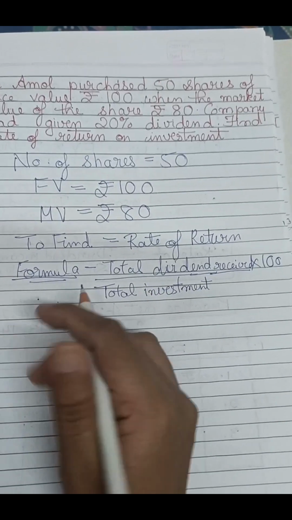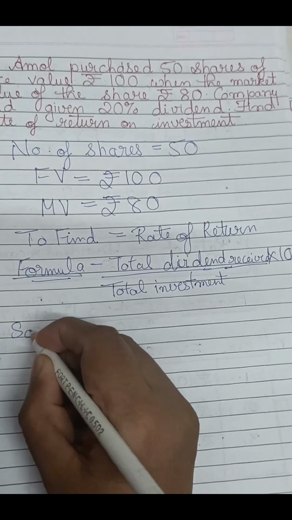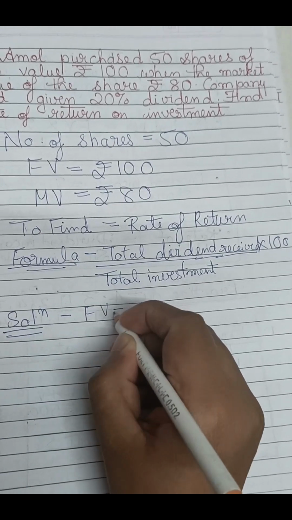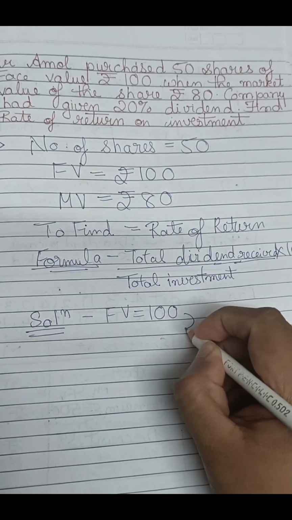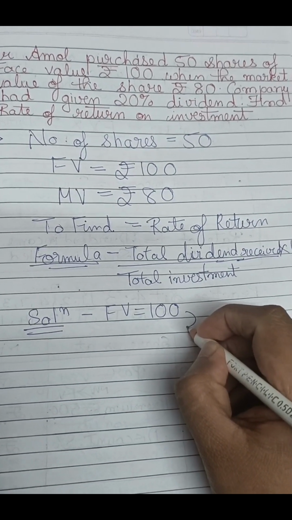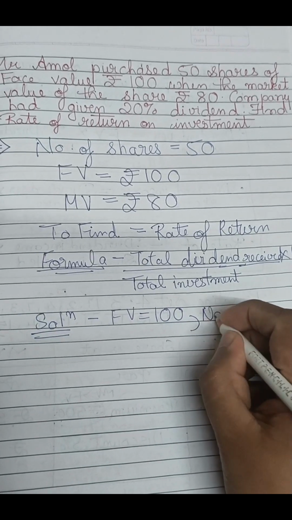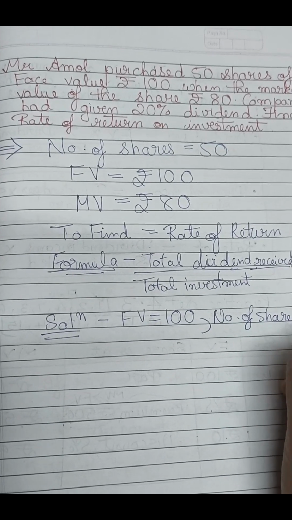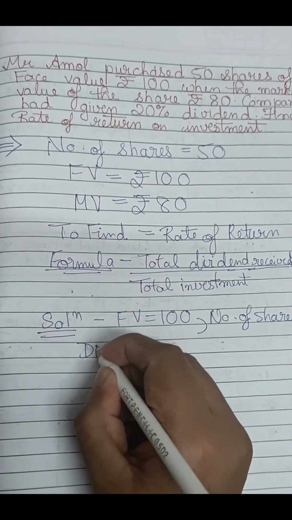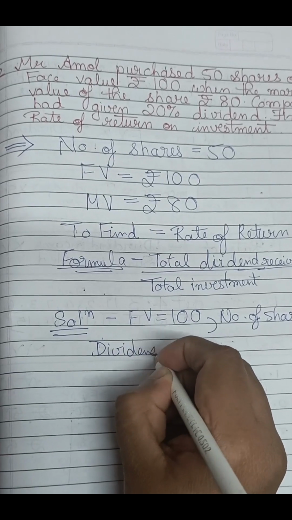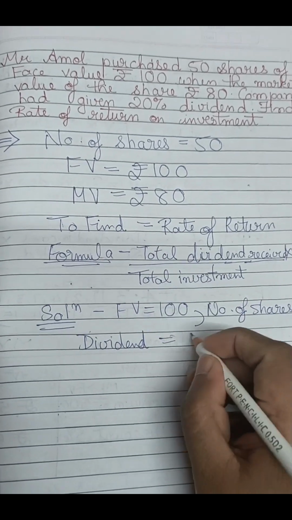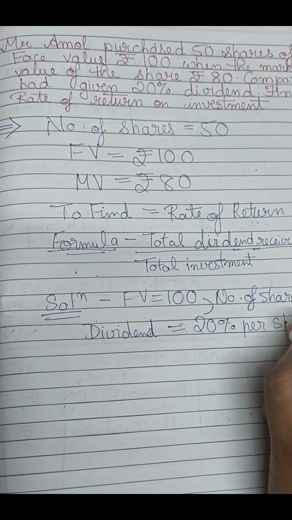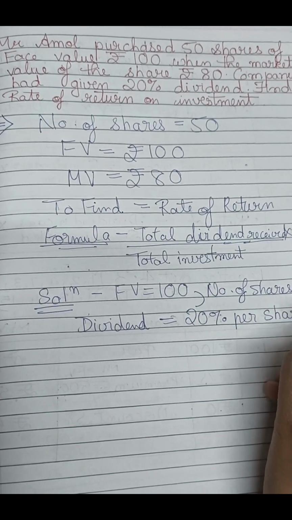Okay. So what we will do is solution. FV is equal to 100 and number of shares is 50. So first we'll find dividend because we need your total dividend received. So dividend is equal to 20% per share. They have mentioned here, correct?